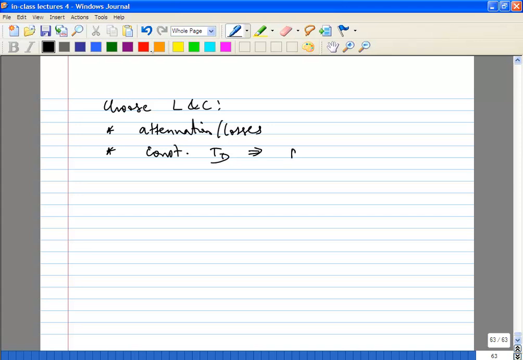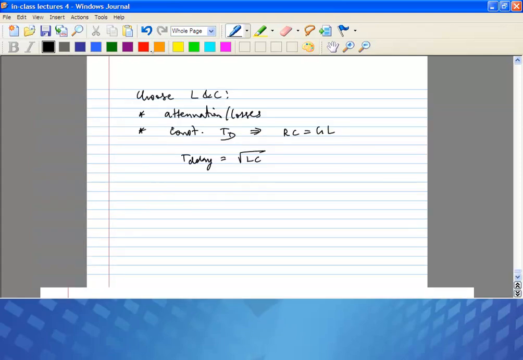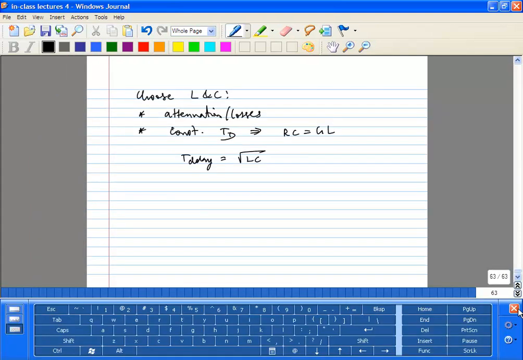If your parameters are R, L, G and C, you can show that if you make RC equal GL, this gives you no dispersion. What is your delay? It is nothing but root LC. This is for your lumped LC.